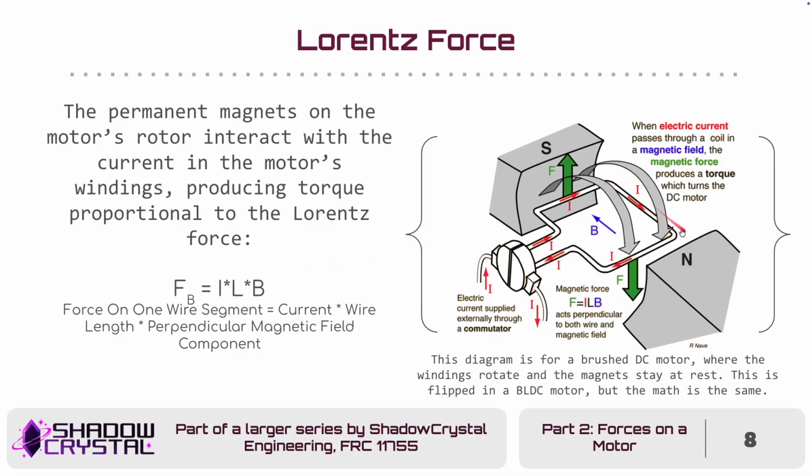So for example, this part of the wire actually doesn't experience a Lorentz force at all because this magnetic field component is parallel. So it won't experience any because there is no perpendicular component. At least in this diagram. And yeah, that's the Lorentz force in a nutshell.